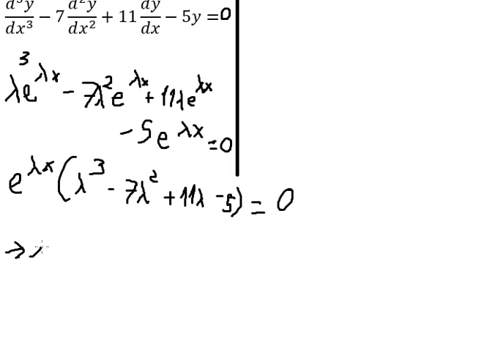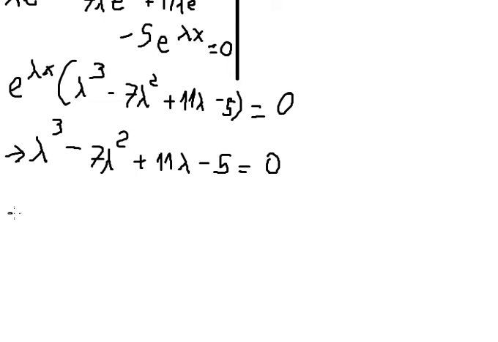So we have lambda to the power of 3 minus 7 lambda square plus 11 lambda minus 5 equals number 0. So this one, if we do factorization, we will have lambda minus 1 square multiplied by lambda minus number 5.